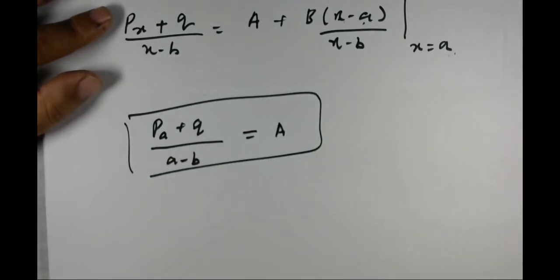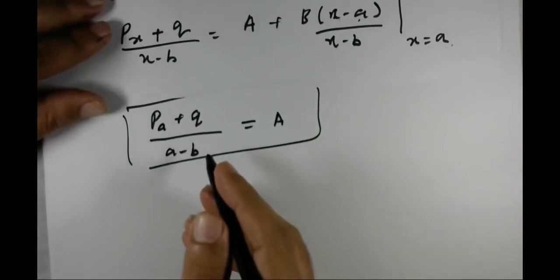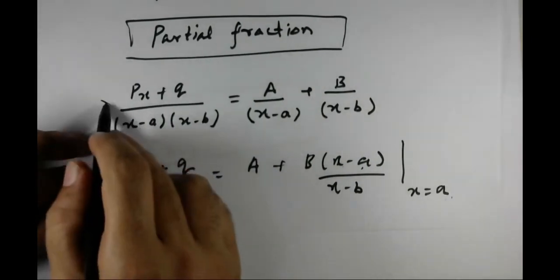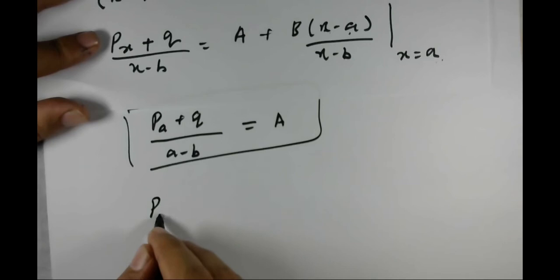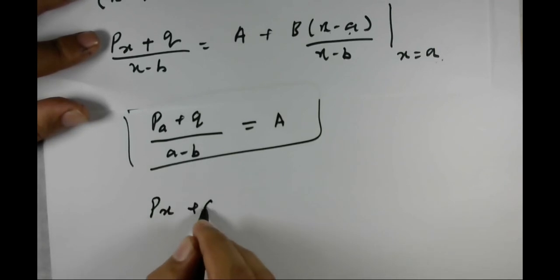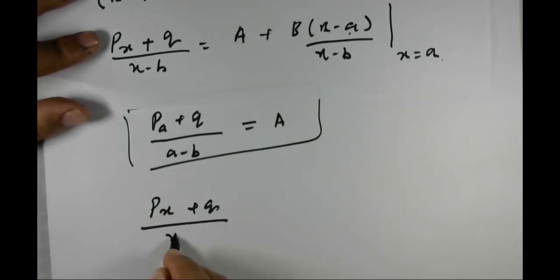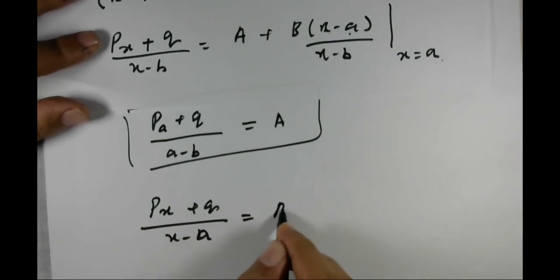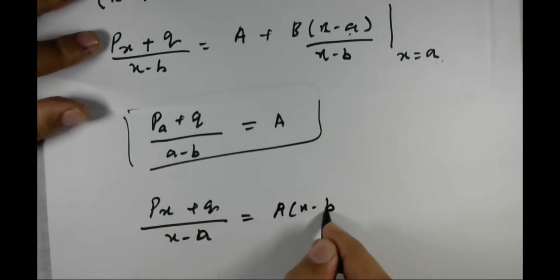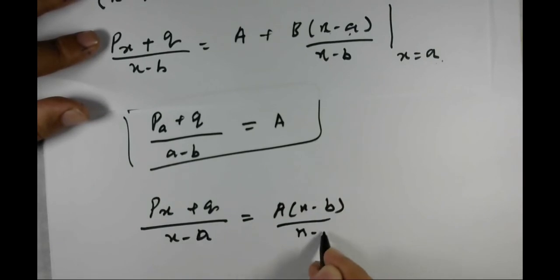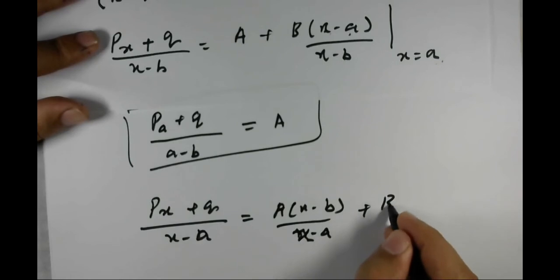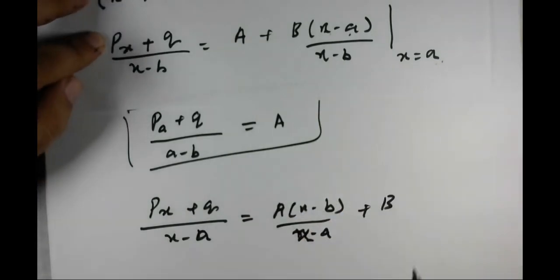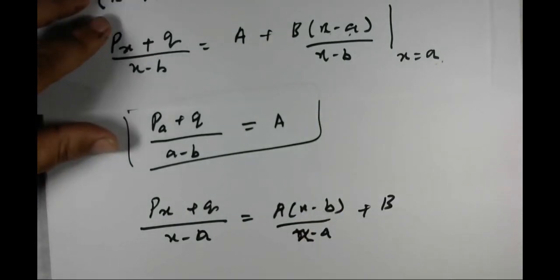In the same way, for the value of B, you simply multiply this whole equation with (x − b). This is what you get at the end: (px + q) divided by (x − a) is equal to A into (x − b) divided by (x − a) plus B, because (x − b) and (x − b) cancel out.